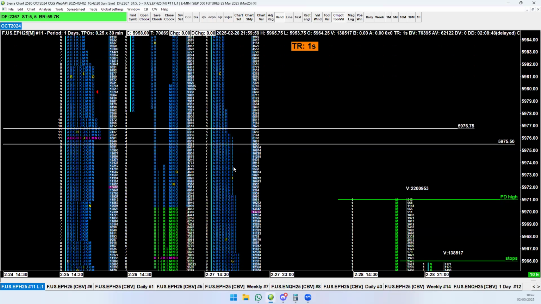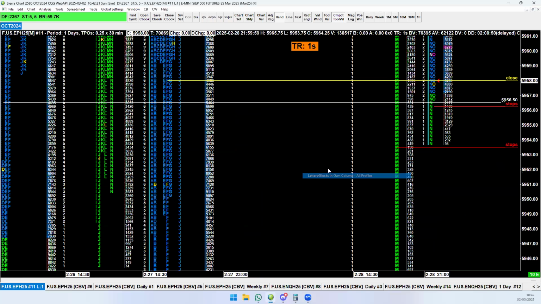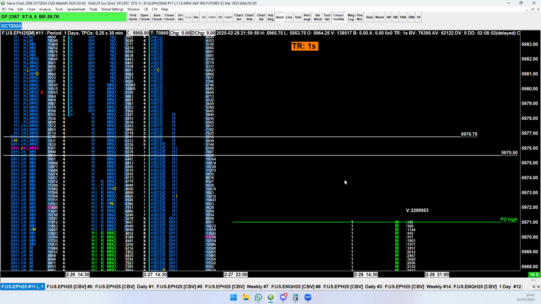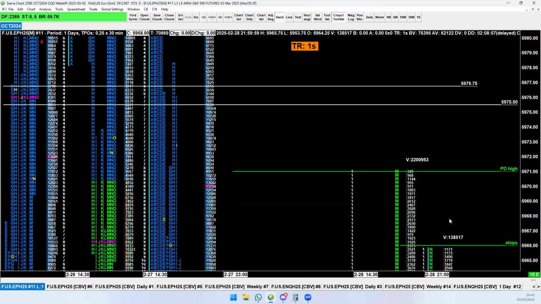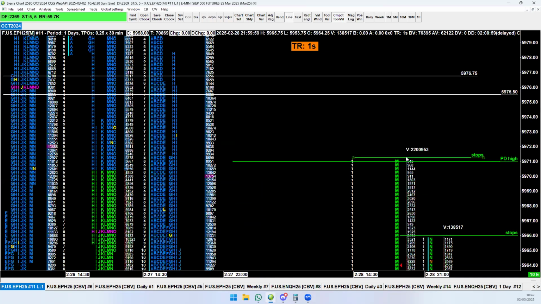Now, by some freak accident, if it takes out Friday's high, right? The upper stops are going to be the I high from the 27th up here at 76.